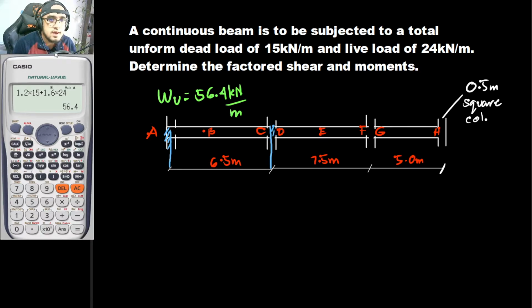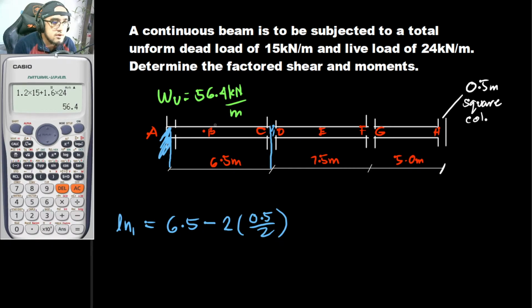So, with that, guys, for our ln1, that is to be 6.5 minus 2 times 0.5 divided by 2. Teka. So, 0.5 divided by 2. Kaya ganito, kasi kalahati lang yung aalisin natin dito sa side na to. Then, kalahati din lang yung aalisin natin dito sa side na to. Thus, divided by 2.